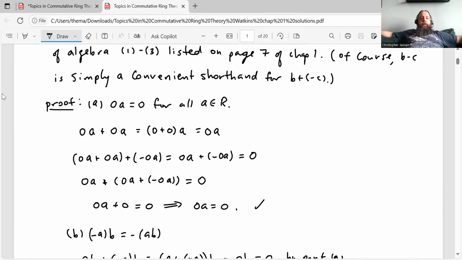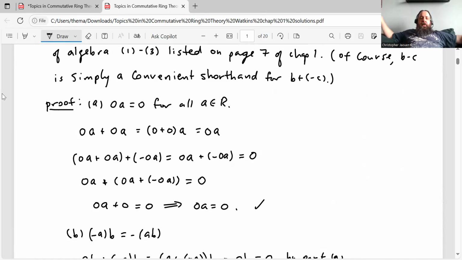Here's my proof. 0 times A plus 0 times A is equal to (0 plus 0) times A by the distributive law, which is equal to 0 times A. That's because 0 plus 0 is equal to 0, since it's the additive identity. And then we can add the additive inverse of 0A to both sides.